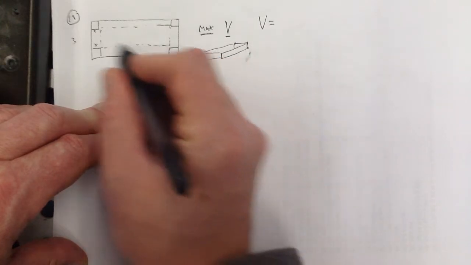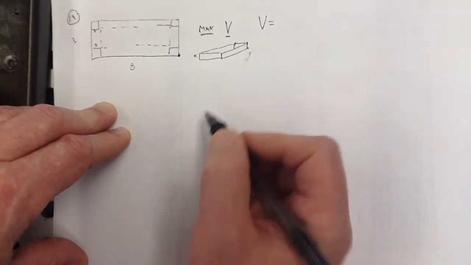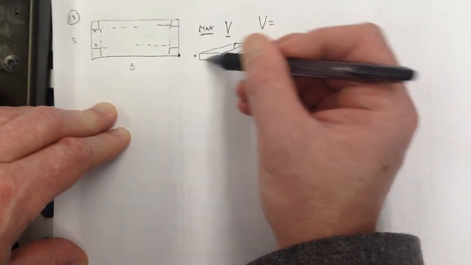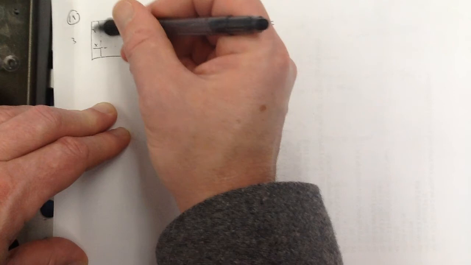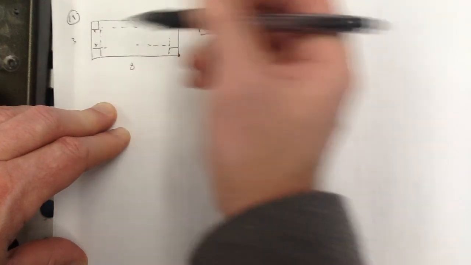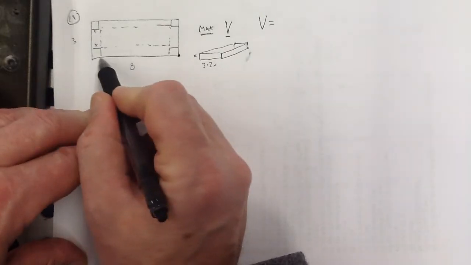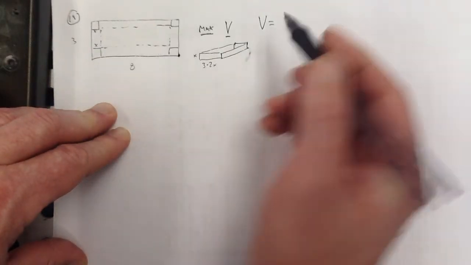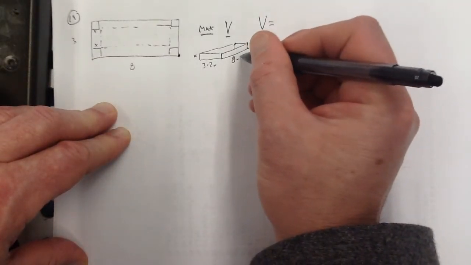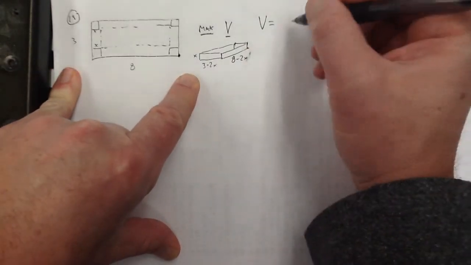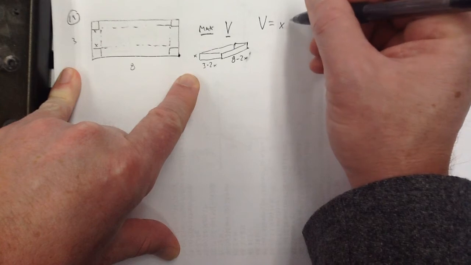Well, it's going to be x high, right? And then this here, that's going to be 3 minus the 2 x's, because that's getting folded up. So this is like 3 minus 2x. And then this right here, similarly, is going to be 8 minus 2x. So the volume of a box is length times width times height.